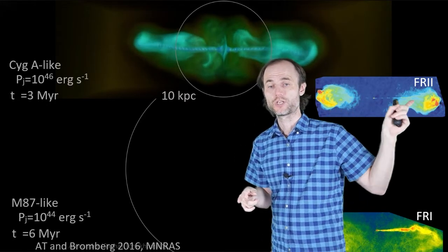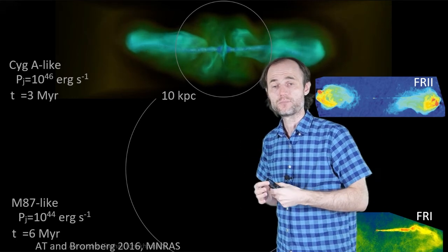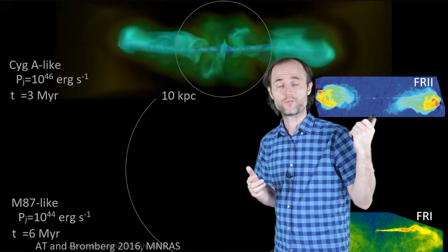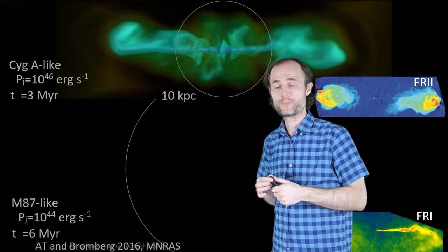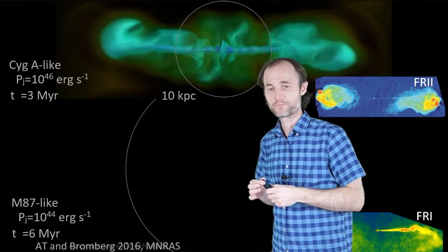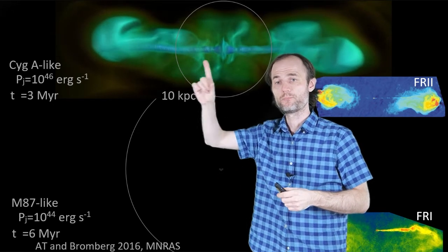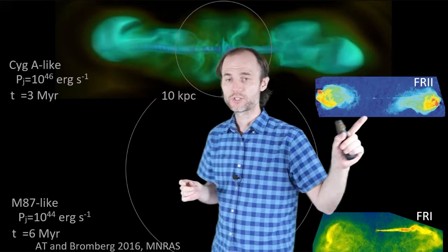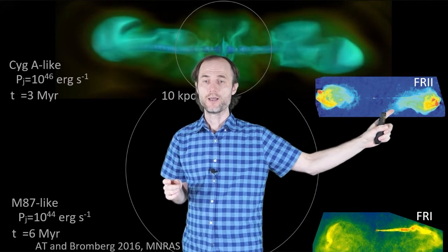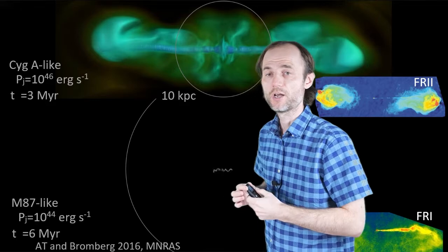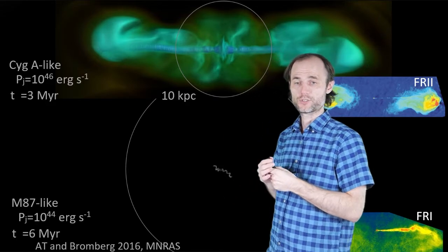This is an example of a strong, powerful Fanaroff-Riley type 2 jet like Cygnus A. You can also see large-scale bends of these jets, similar to what you can notice in the Cygnus A jet and other Fanaroff-Riley type 2 jets.